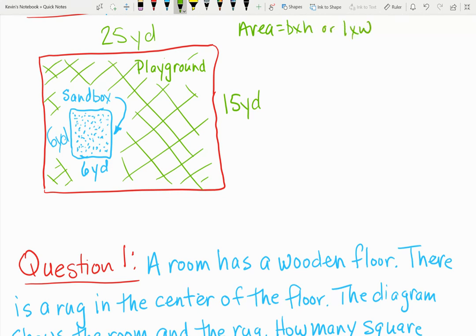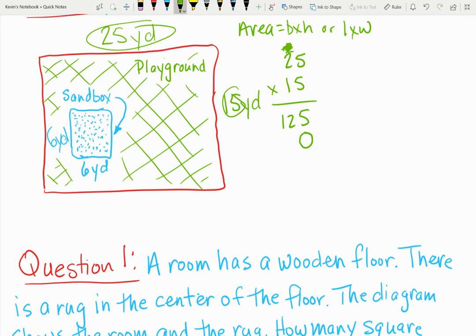Okay, so I'm going to take my base or my length, 25, and multiply that times 15. Okay, so if we do the math, 5 times 5 is 25. 2 times 5 is 10. Add the 2. 12. And then we're in our second partial product. Add your 0 for the second row.